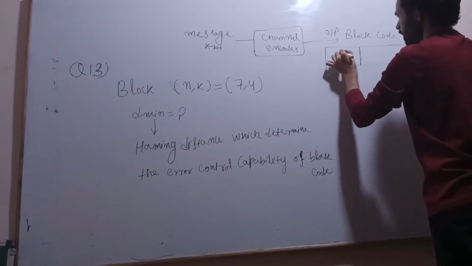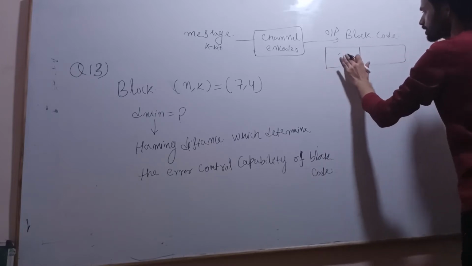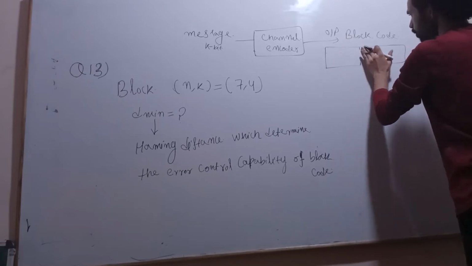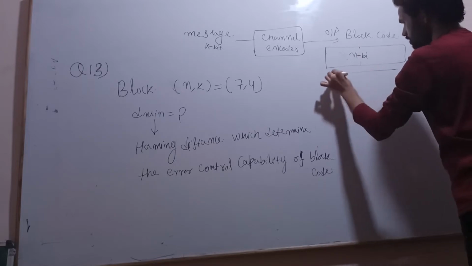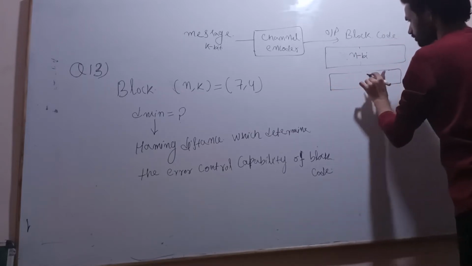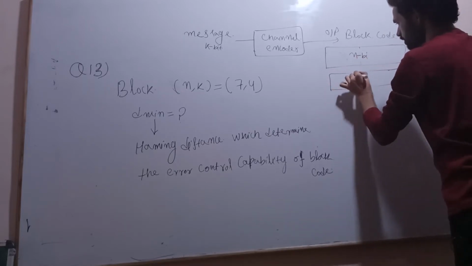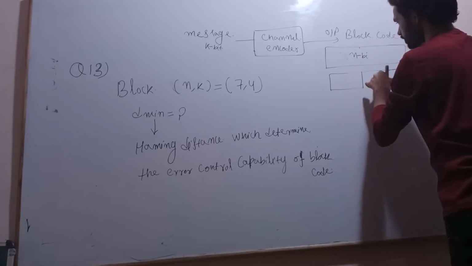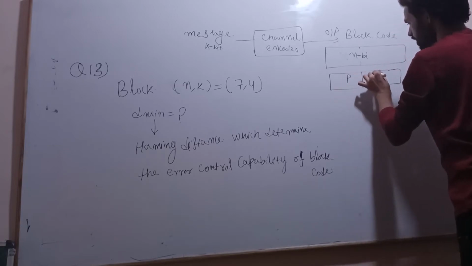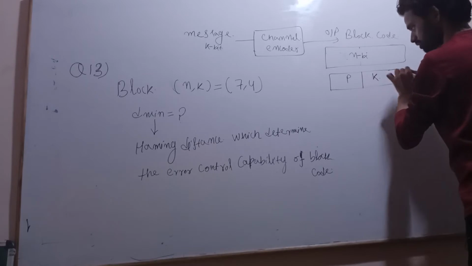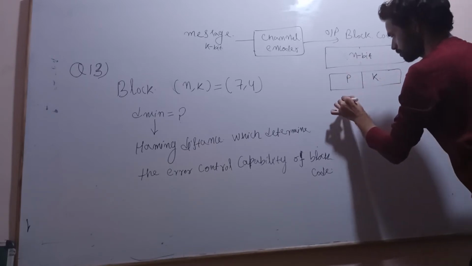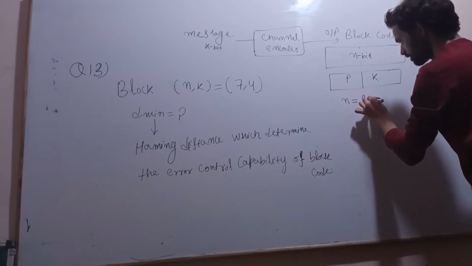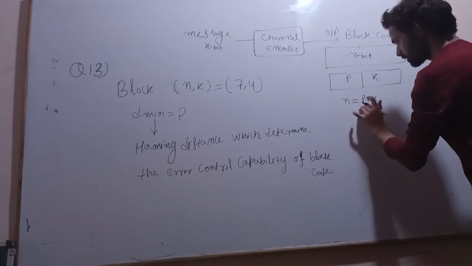This is my n. So this is the block code. The total number of bits in this block code is n bits, and this n bit is nothing but parity bits and message bits. So n is equal to p plus k, where p is n minus k.